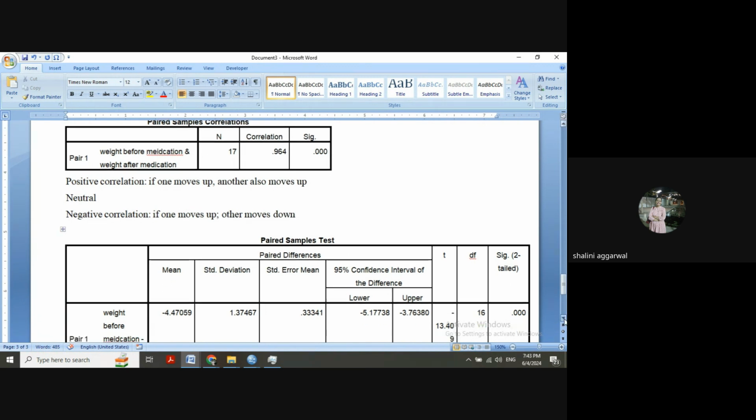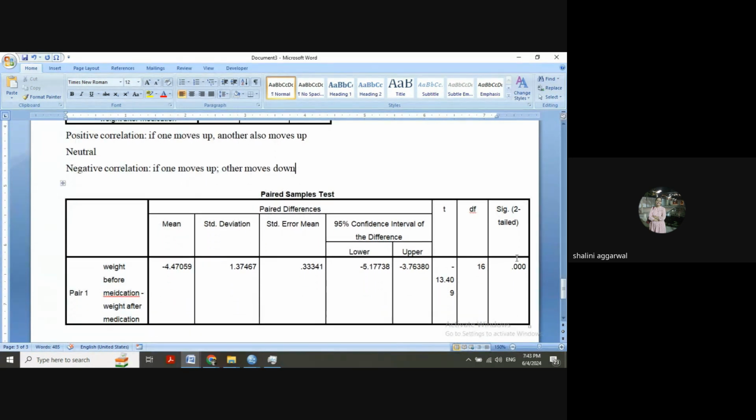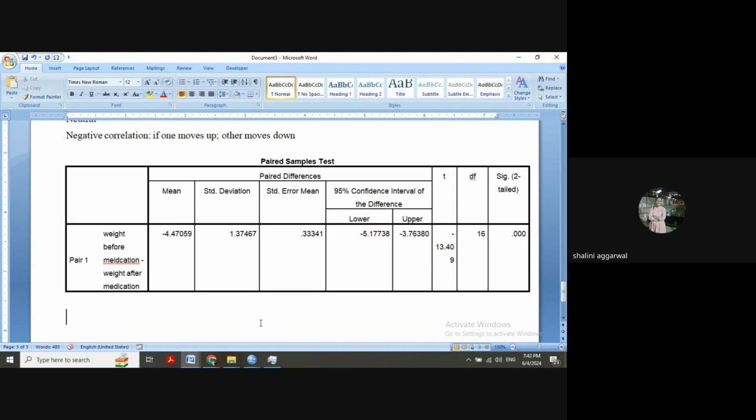Now, what is important for us to see here is this. Here you can see the p-value is less than 0.05. So what does it mean? You will tell, all will tell. The p-value is less than 0.05. So what will we accept?